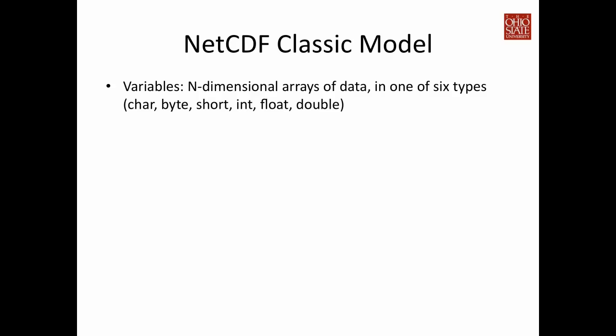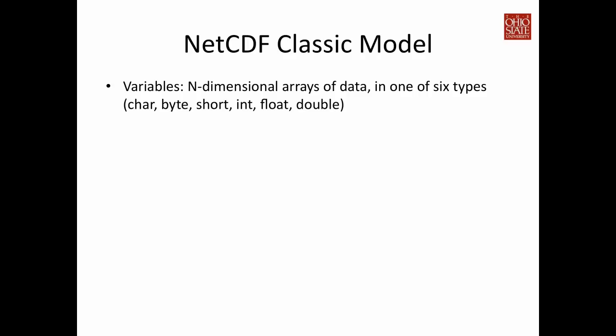Now let's look at the NetCDF classic model in more detail. The reason I talk about the NetCDF classic model is that the enhanced model essentially contains everything that the classic model has. The classic model also contains the most essential information about the multidimensional data arrays. So it has 3 components in the classic data model. The first is the variables.